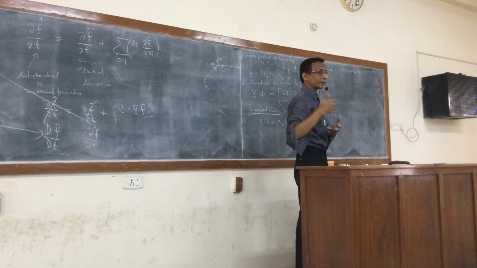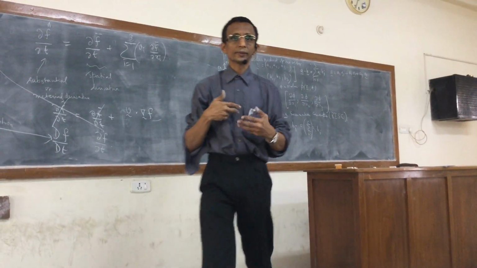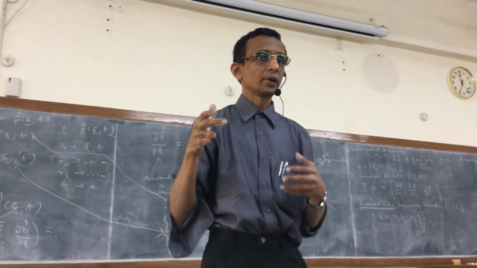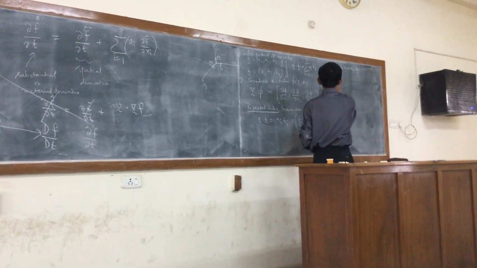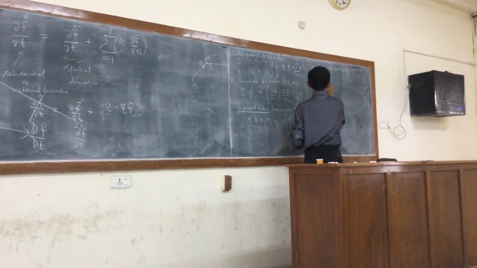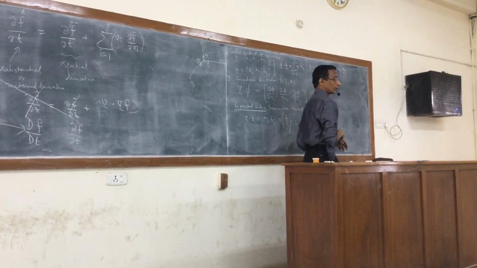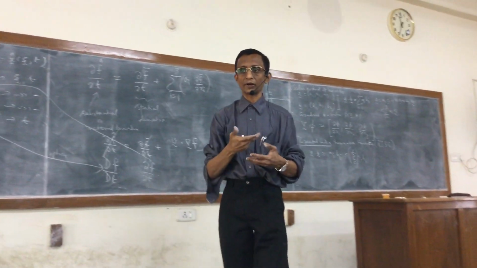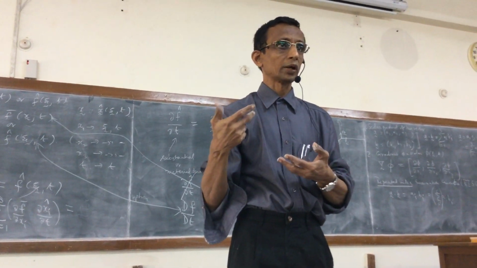Normally, to avoid writing these terms, the summation sign itself is a simplification so that I don't have to write the whole set of terms every time. Right? So normally I would write this as the summation. When I write it, you know that i has to be summed over 1, 2, and 3.